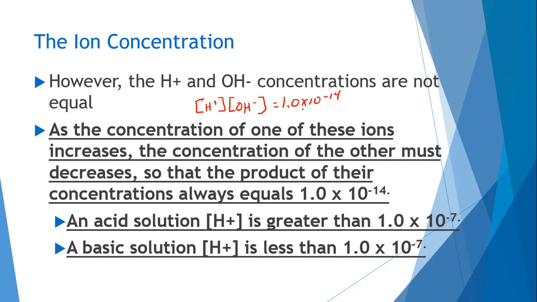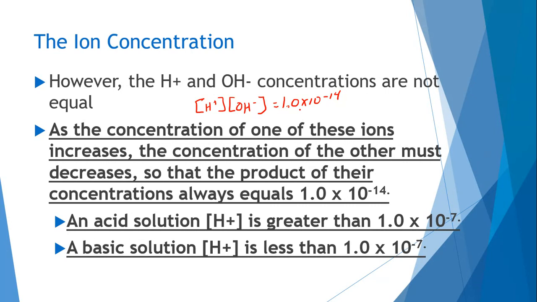It will always be that number. And so whenever you adjust one of these concentrations, it's going to affect the other. They have an inverse relationship. If one of these increases, that means the concentration of the other has to decrease, because the product is always going to equal 1.0 times 10 to the negative 14th.